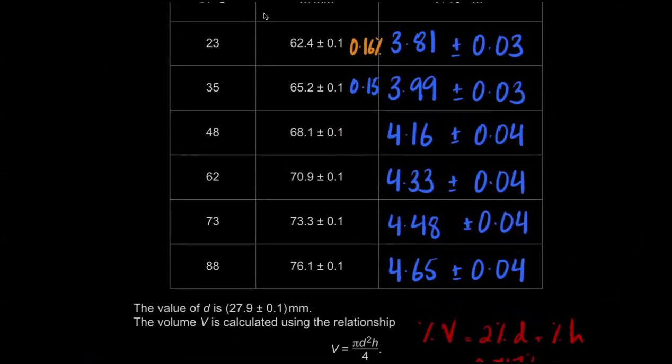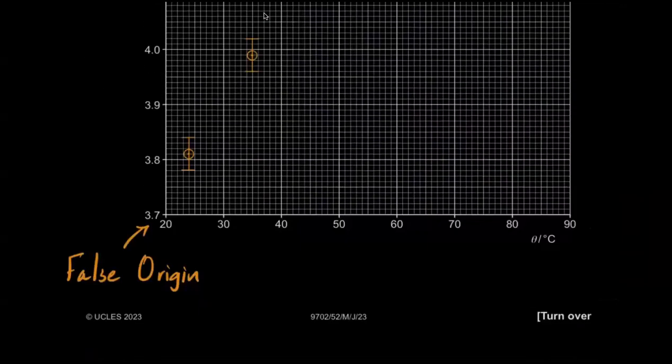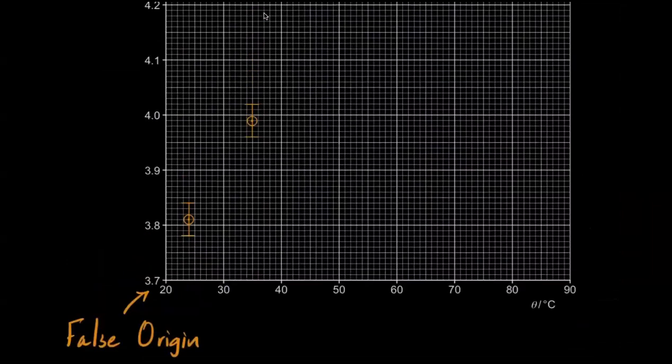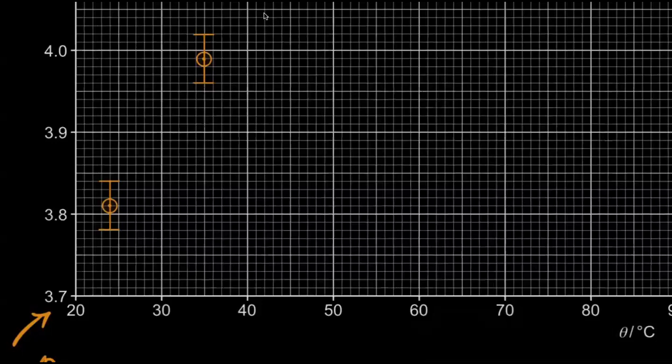So 48 and 4.16. 48. So this is 48, right? So this line is 50 and 4.18, right? So this is my point.